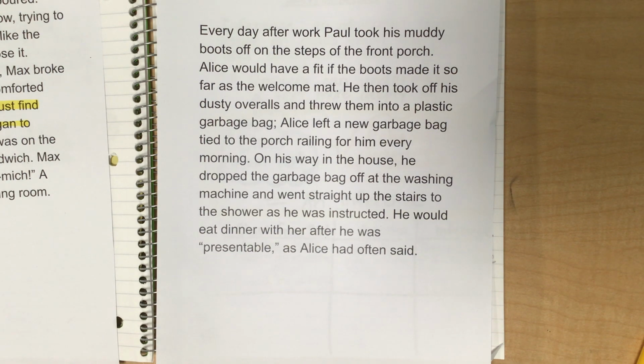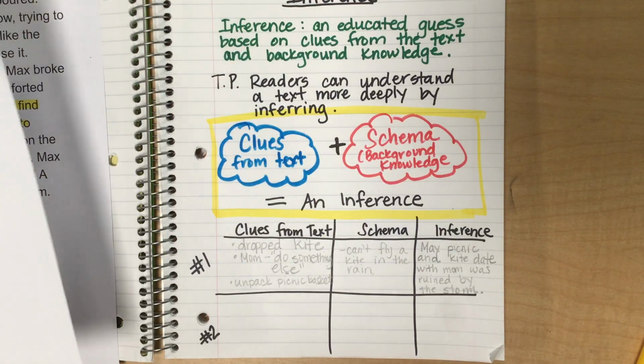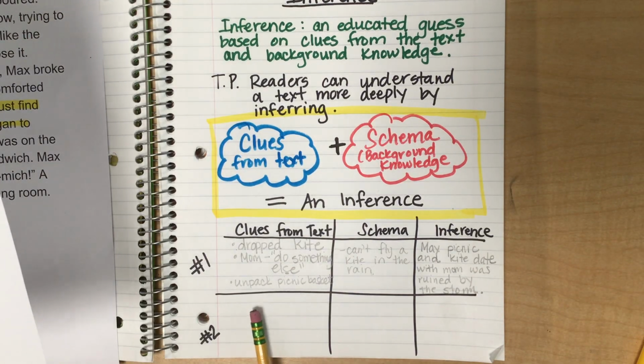Now, sometimes when I'm inferring, I need to go back and read it again. So go ahead, and I want you to pause the screen and read this one more time. Okay, readers, hopefully you've read that one more time. So let's see what clues from the text we can figure out.